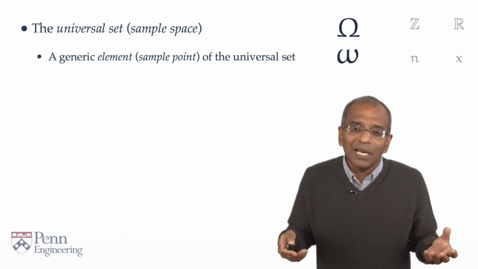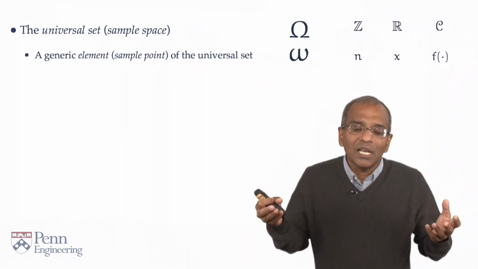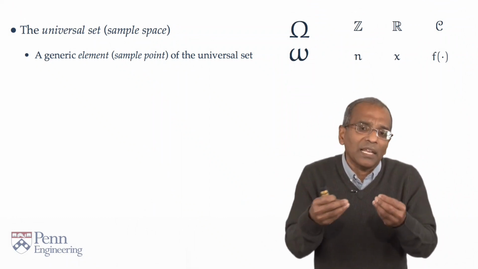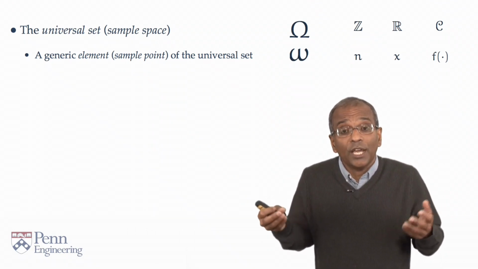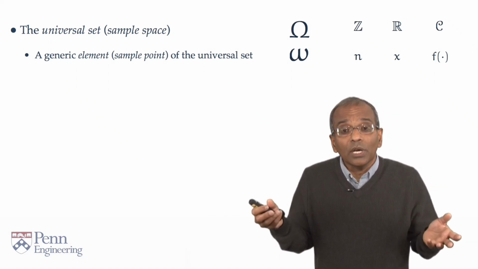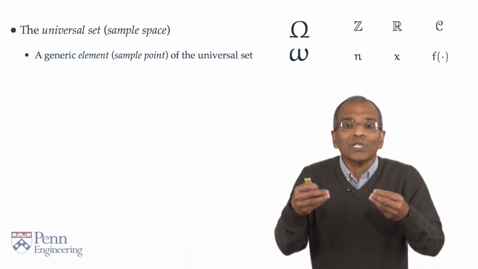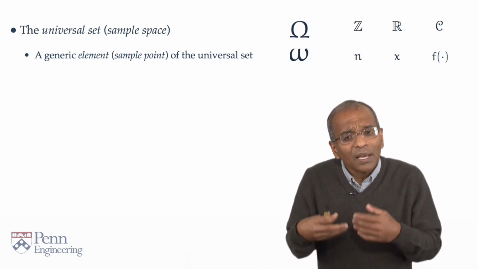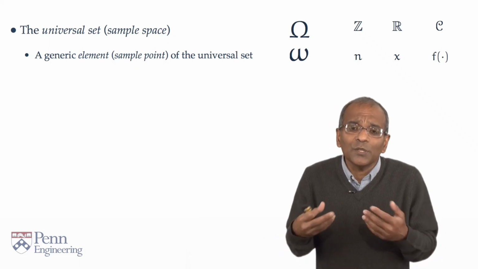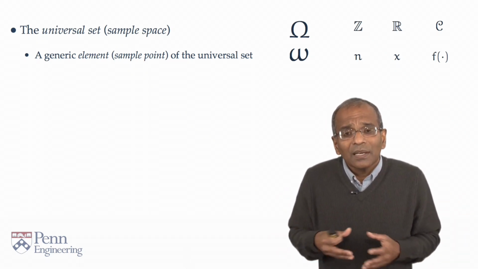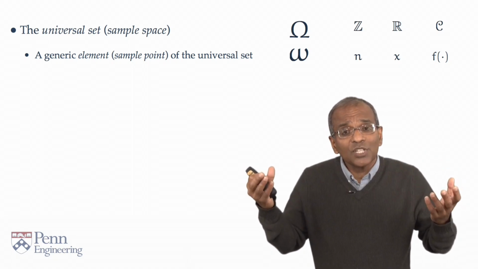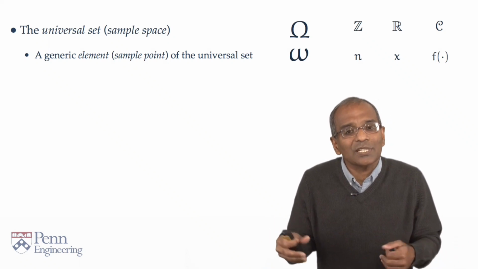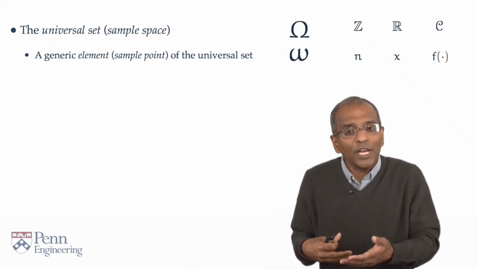So, for example, if you're dealing with the natural numbers or the integers, we'll use blackboard bold Z. And we'll represent typical integers by letters like N, or occasionally I, J, K, L, or M. If you're dealing with a real line, we will use blackboard bold R instead of capital Omega, and represent generic members by X, Y, Z, occasionally U or V or S or T. And if you're dealing with functions, say continuous functions, we will represent them by script C, and of course a generic function is represented by F, occasionally G or H or something else.